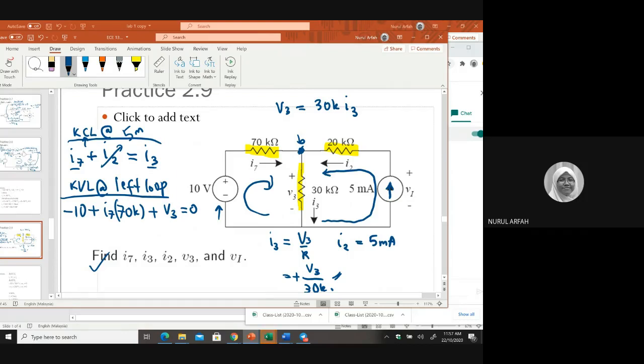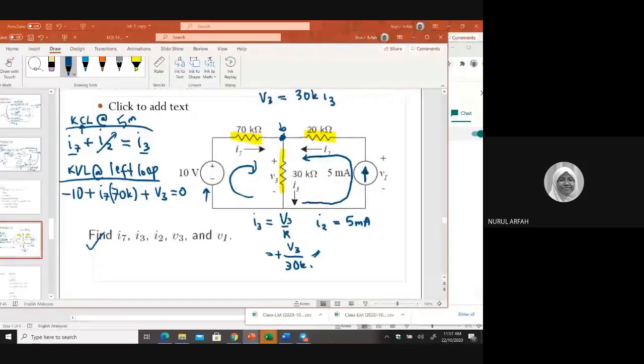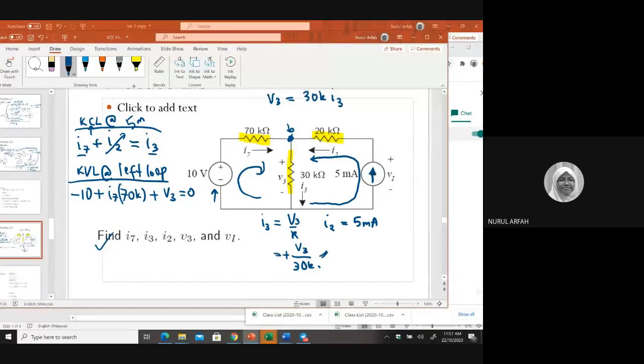So can we solve this? Wait, let's see. This is I3. Okay, what is I7? Wait a moment. Okay, then now if we rearrange this one, which one do you think we can simplify much better?